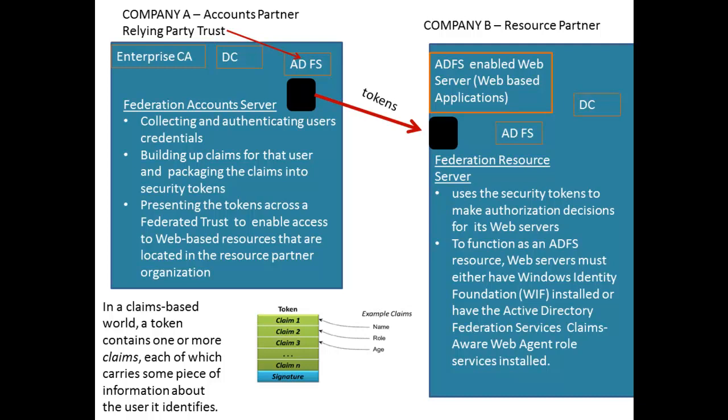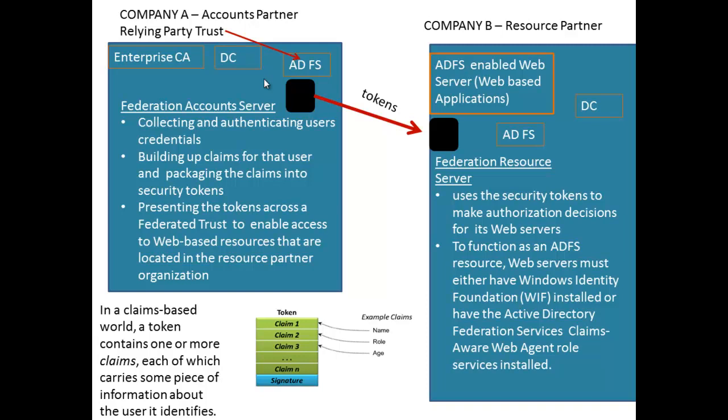All of that is packaged within the token, and each piece of information is something about that user that identifies the user. So in addition to the username and password, the claims allow us to identify that user. The federation server in Company A is referred to as the relying party trust, since that server configures the claims and issues the token.